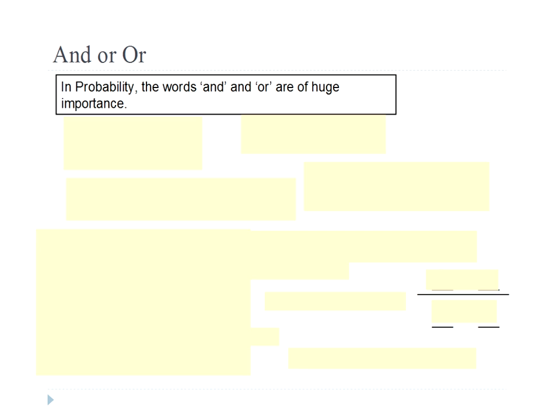Now, when we start talking about probability, the words and or become very important. The word and means that both events must occur. So if we have a game where you have to flip a coin and draw a card, to win this game you might flip heads and get a 7 of hearts.